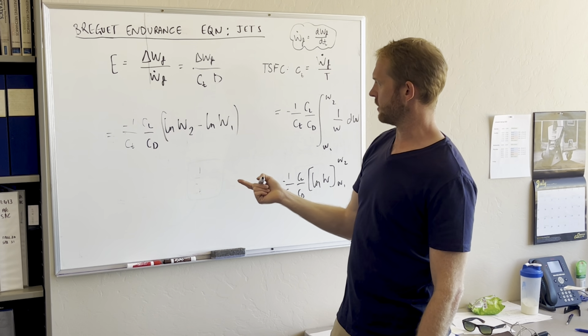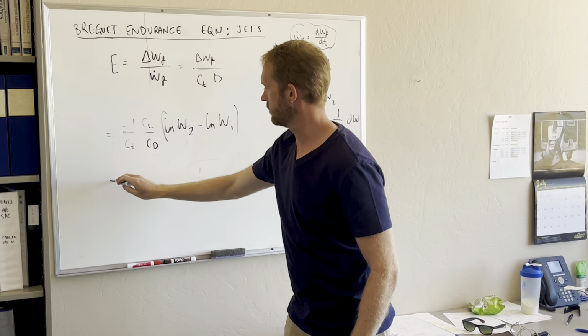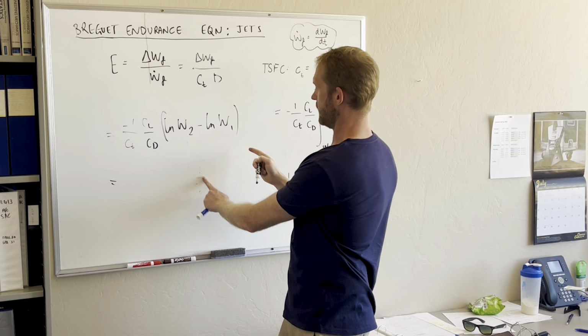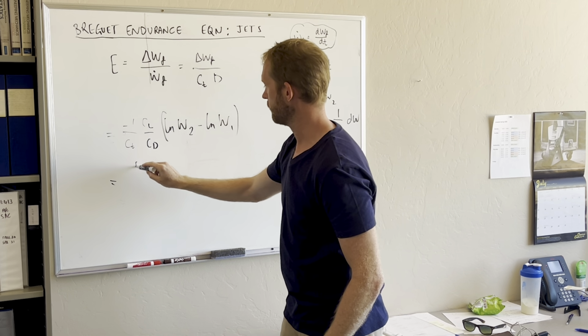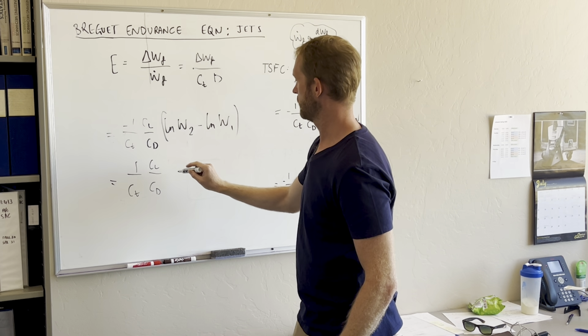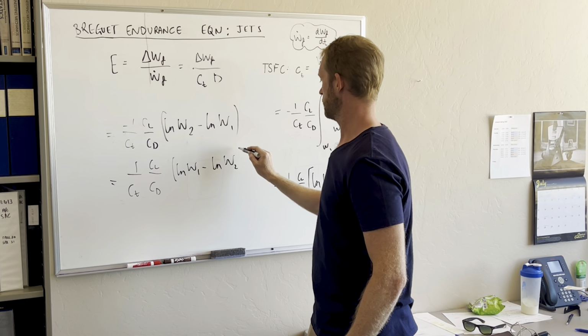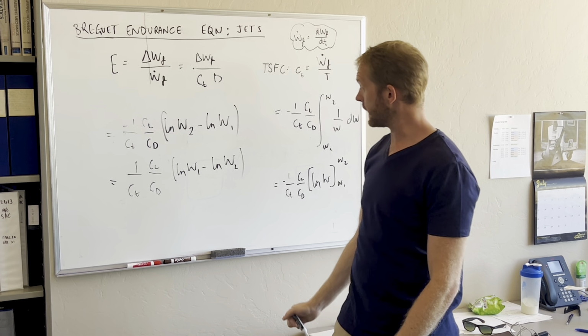I can tidy this up just a little bit. I can push this negative sign into the bracketed term on the end, right? The CD. So I'm just going to flip this around like that.